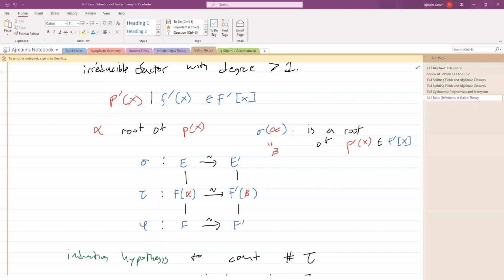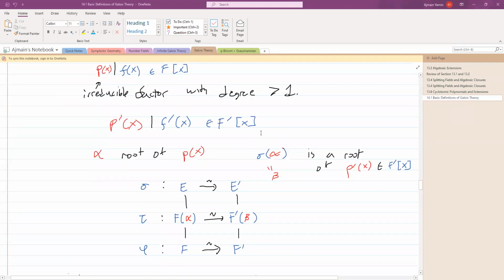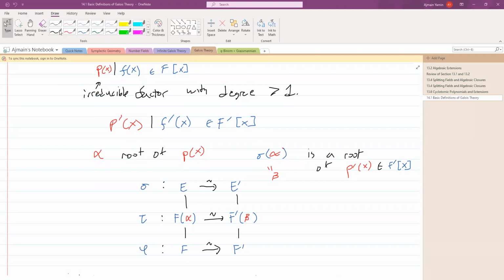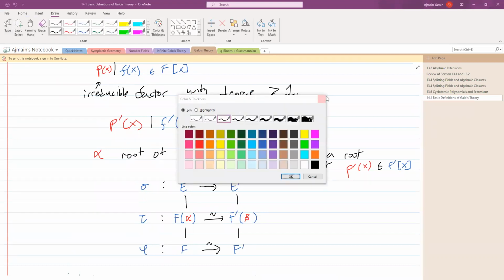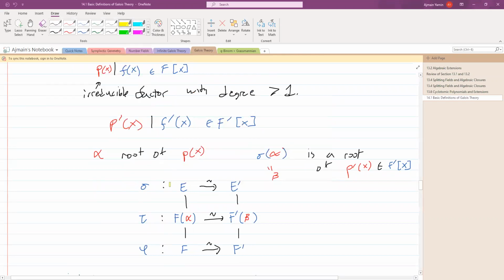I think one note just crashed. Okay, so does it make sense that if you start with an extension sigma, you can get such a diagram?